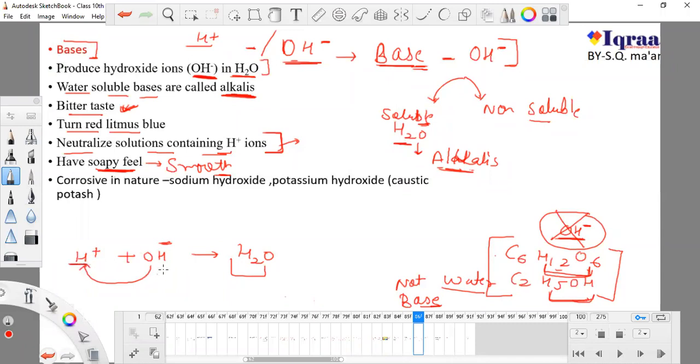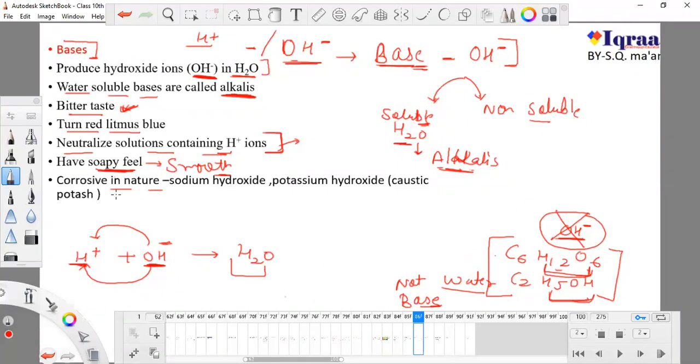This reaction is known as a neutralization reaction. Now they are corrosive in nature.